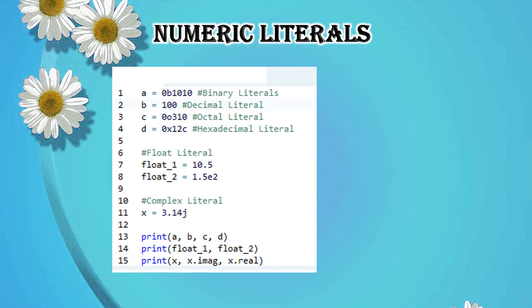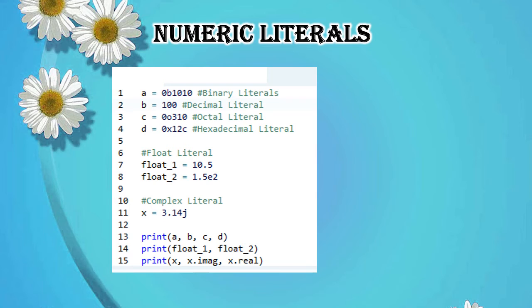Some other literal examples are given. Binary literals are 0 or 1 values. We can identify a binary literal because it starts with 0b. b holds a normal decimal value, and c is octal because the value starts with 0o, the letter o.